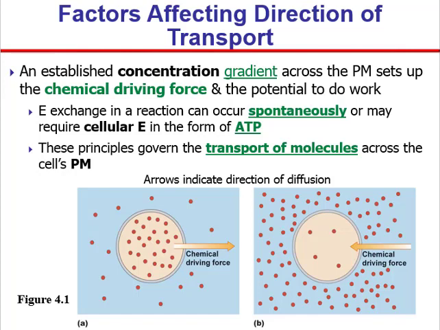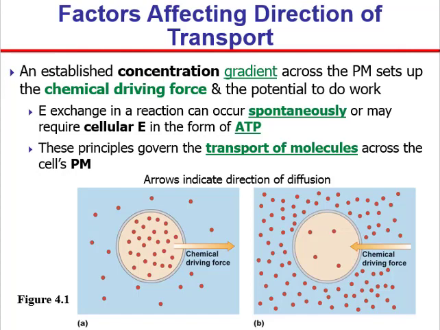So the ICF compartment has a high concentration, let's call it 100, and the ECF compartment has a lower concentration of these red balls, and let's say it's 1. So you have a gradient set up from 100 inside to 1 outside. You could plug in whatever numbers you wanted to here. So there's going to be this chemical concentration driving force that will spontaneously drive substances from an area of high concentration towards an area of low concentration, regardless of whether it's into or out of the cell.